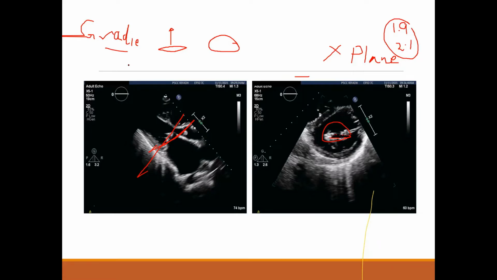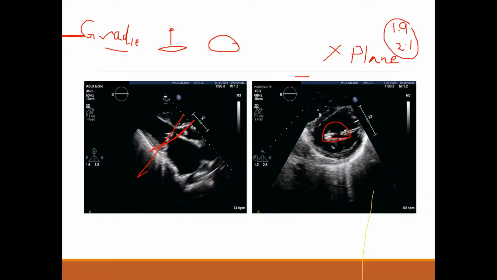And you can induce a normal gradient in a severely stenotic mitral valve. Can you? Yes, you can. So the gradient is so vulnerable to hemodynamic status. Therefore, it's not so reliable. But the area remains fixed across the entire spectrum of hemodynamic changes. That's why it's the gold standard.